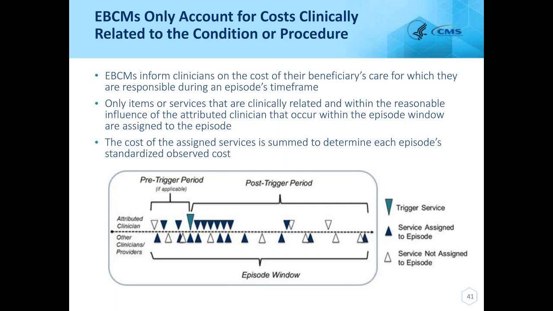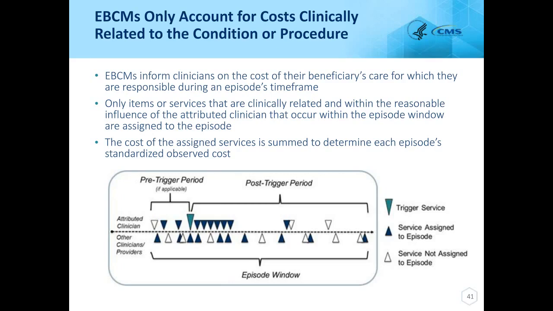So if we consider the example of a hip arthroplasty procedure, which opens this episode, some of these dark blue triangles, which represent the services assigned to the episode, could be for pre-surgery imaging services in this pre-trigger period. And then the post-trigger period could include follow-up care from the surgeon, as well as other services provided by other clinicians, for example, rehab services.